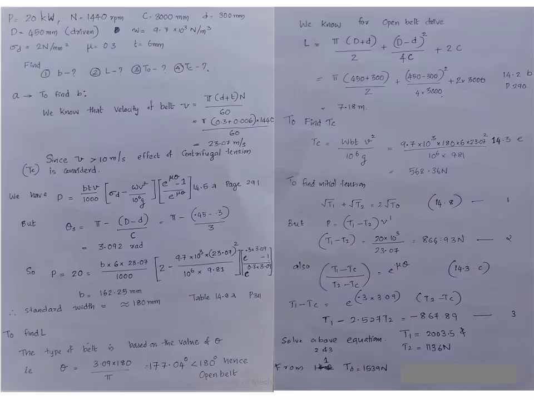In this problem, the power is given, speed is given, center to center distance is given, diameter of the small and larger pulleys is given, weight density is given, sigma d is given, friction coefficient is given, and the thickness is given.